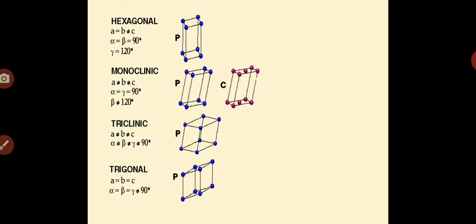For trigonal, also primitive is possible. See, in this table you can see the 7 basic types of crystal systems and the number of lattices that are possible, and also their symbols, and the relation between lattice parameters is also shown here.